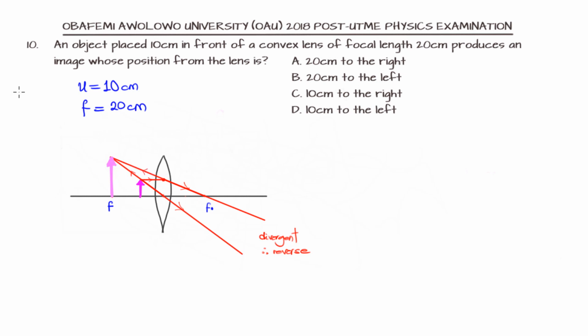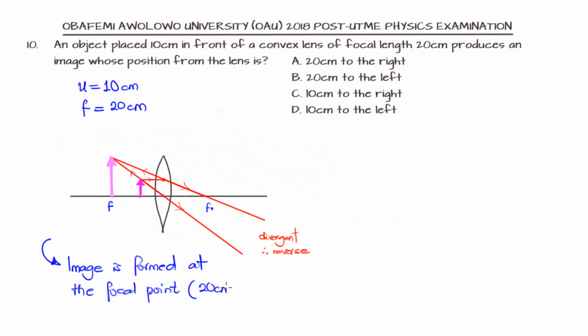Now I can see that for an object placed between the focal point and the center of curvature, the image is formed at the focal point, which was given as 20 centimeters in this question. And of course, it is virtual, erect, and magnified. So it is 20 centimeters, but now it is to the left of the lens. With that, I can pick the correct option to be option B.